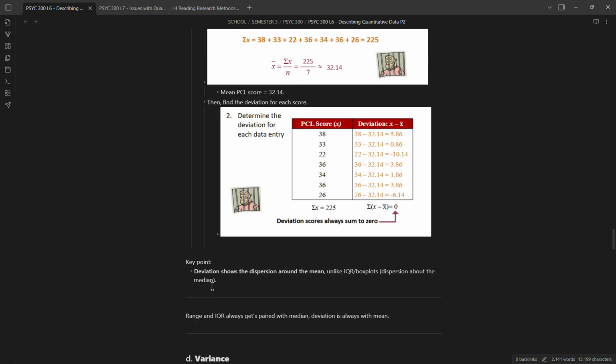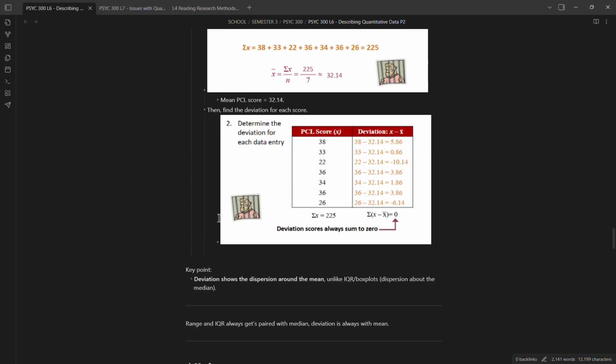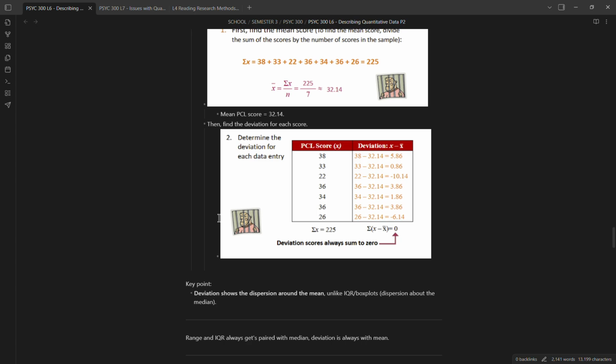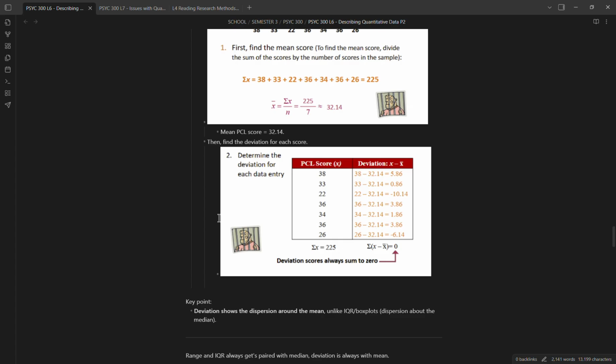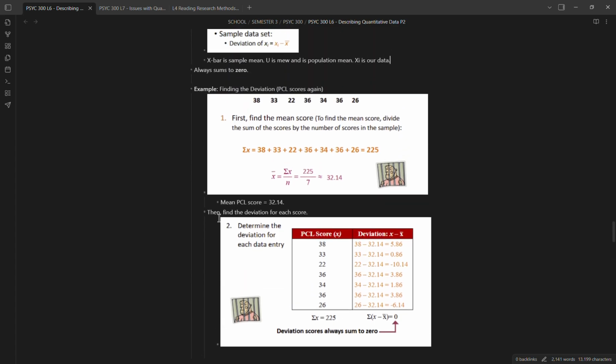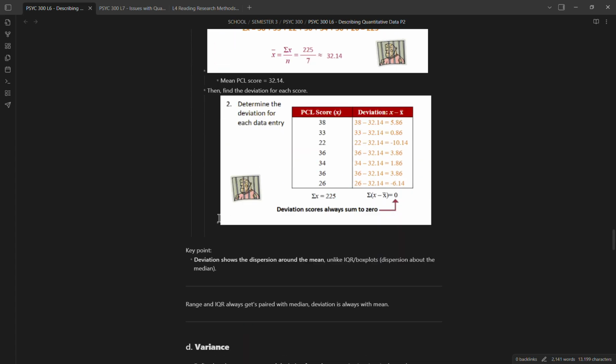Add them all together, divide them by the amount of numbers that we have. We get 32.14. If we want to find the deviation for each score, we take our score minus that mean.